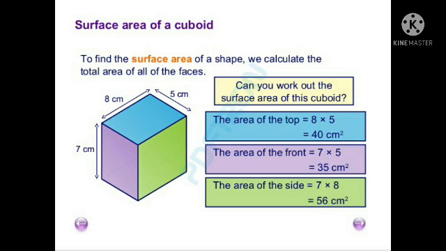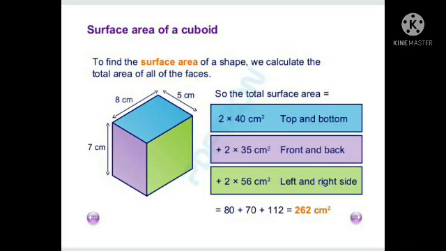Now what we have to do? We just have to multiply with 2. Why do we have to multiply with 2? As I have mentioned before, there are 2 such rectangles, we are considering a pair. So we'll multiply with 2, and on doing this the value becomes 80 plus 70 plus 112, right?